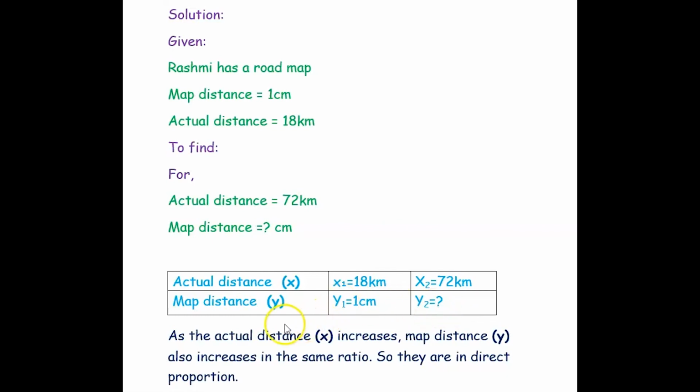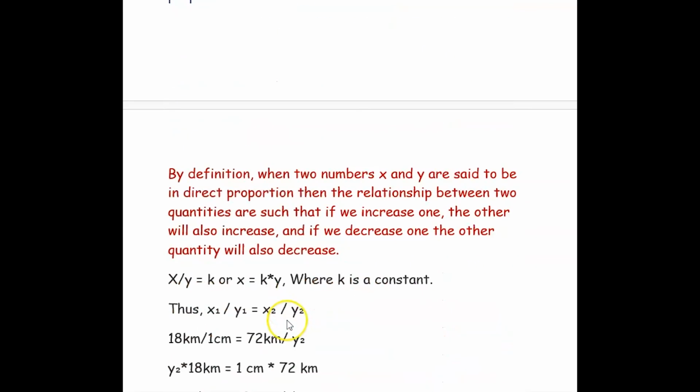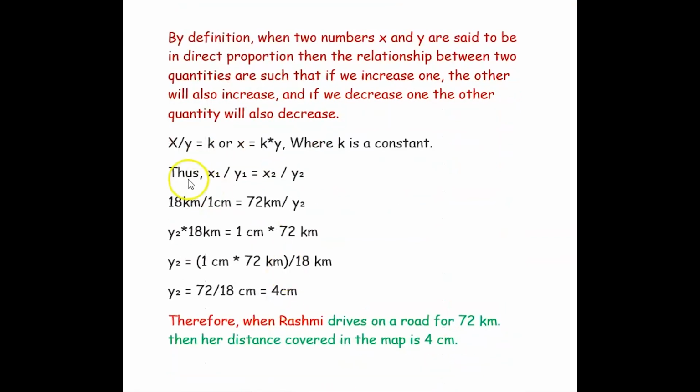By the definition of direct proportion, the ratio x divided by y should be a constant. So because the ratio is constant, we can write x1 divided by y1 equal to x2 divided by y2. Substituting the values, 18 kilometers divided by 1 centimeter equal to 72 kilometers divided by y2.